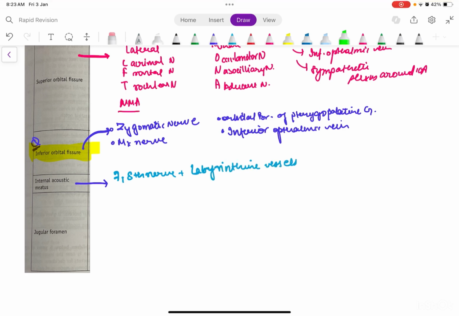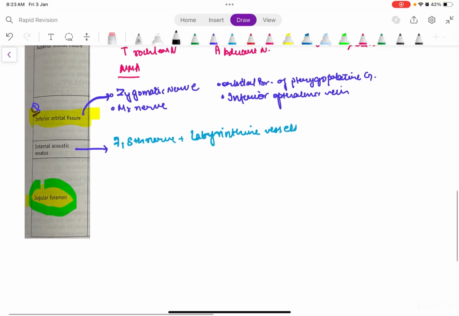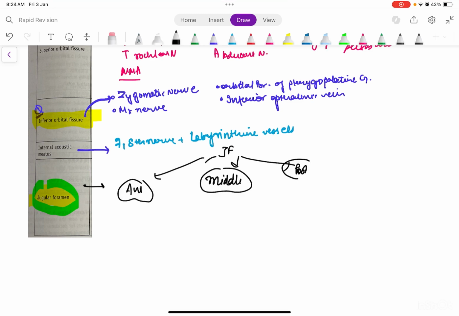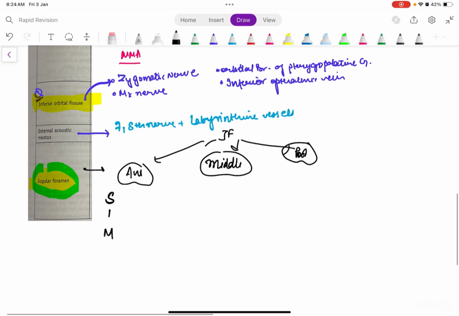Now the jugular foramen is like the most important. You need to know what passes through the jugular foramen. You can't skip this, so this also I will tell you. Basically it has three parts: anterior, middle, and posterior. First you can remember it as SIM.